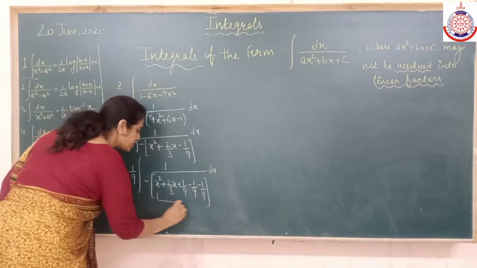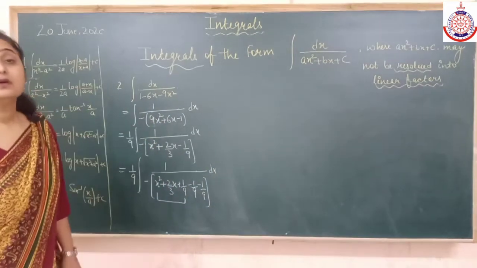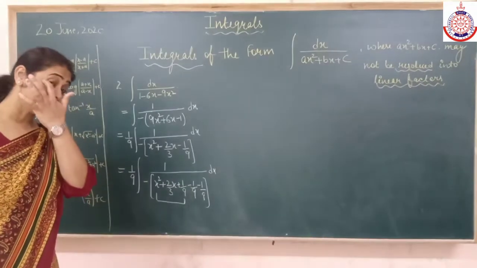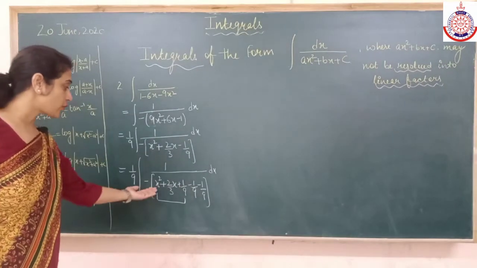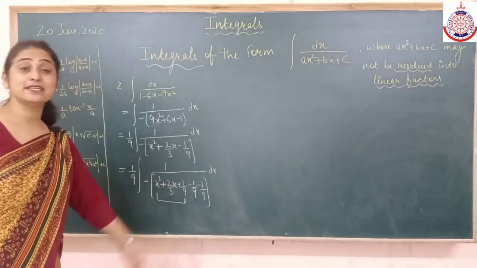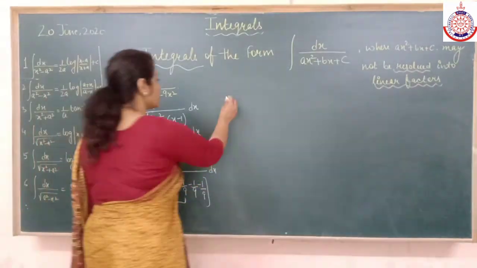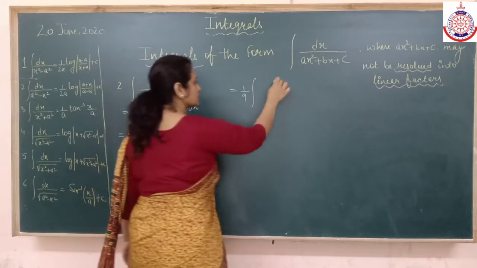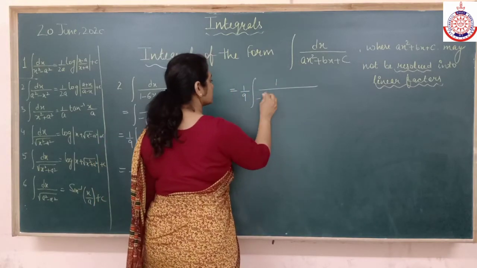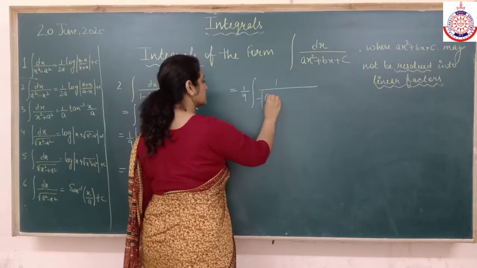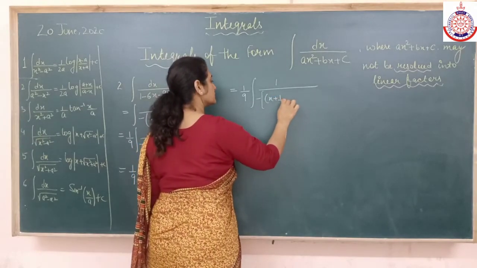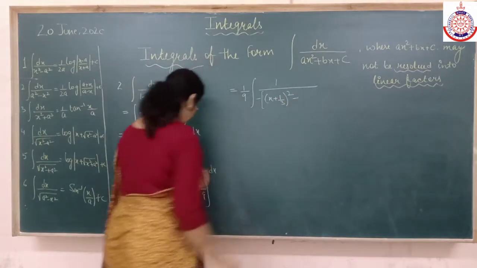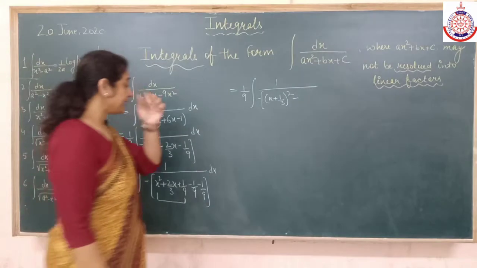The first three terms will give you a square of either a plus b or a minus b. So this is the square of x plus 1 by 3. Alright, so it is, and minus 1 by 9 has become.